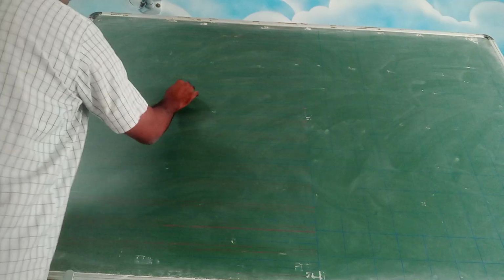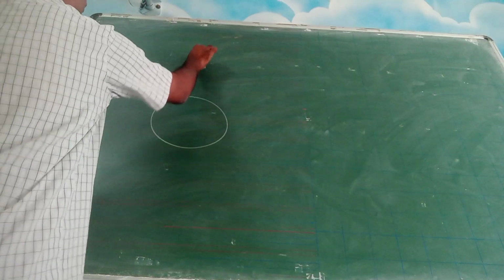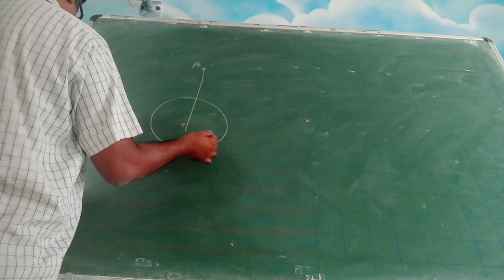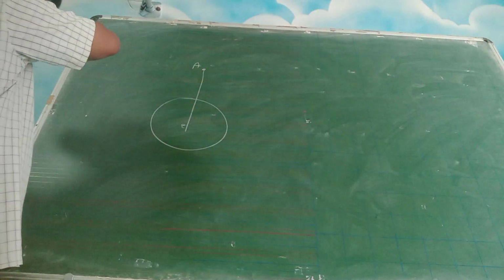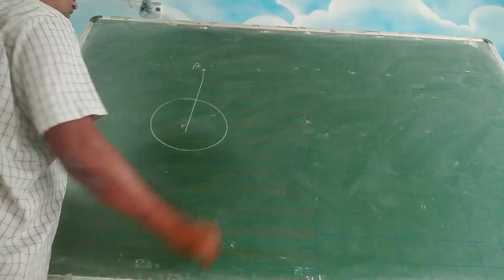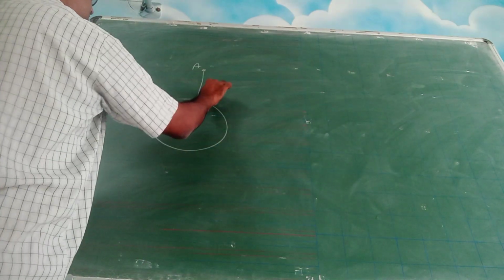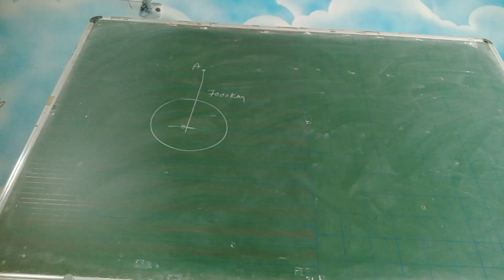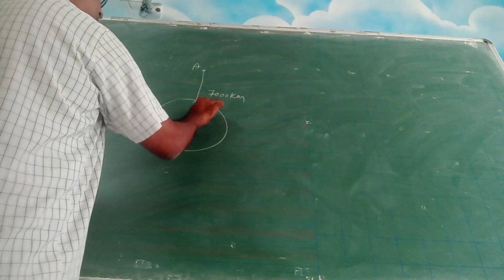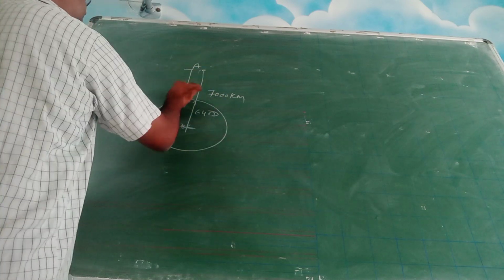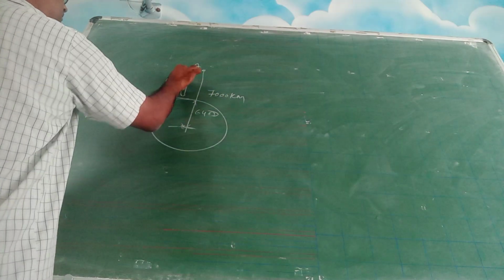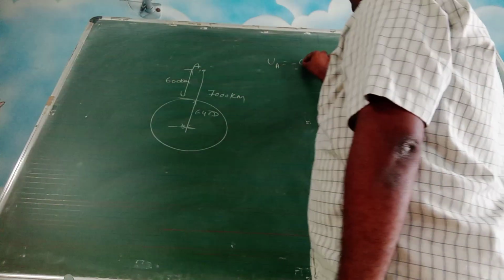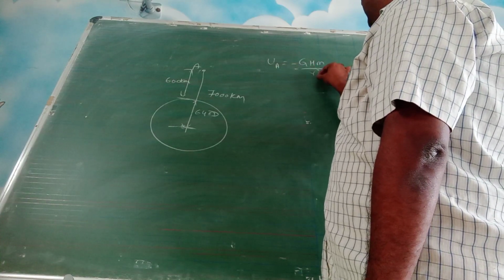Just to understand, suppose you want to find out the gravitational potential energy at a point A at a distance of 7,000 kilometers from the center of the earth. See, the radius of the earth is 6,400 kilometers, so the balance is 600 kilometers. So U of A will be minus GMm by ra.